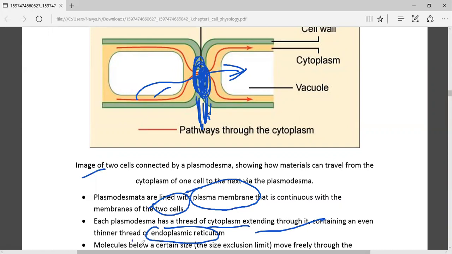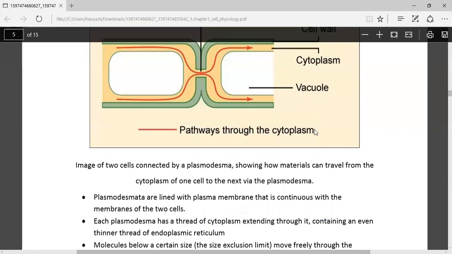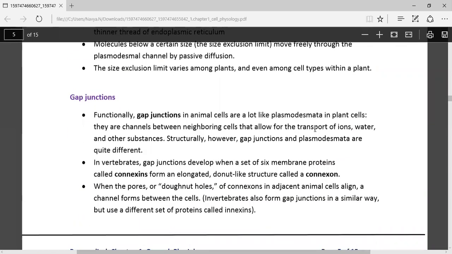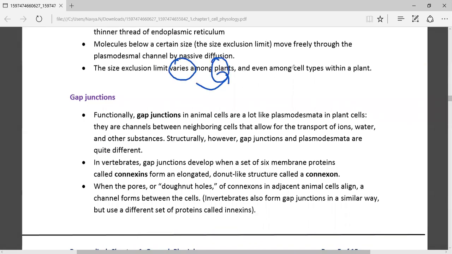Molecules below a certain size are able to move very freely, and the size limitations vary among plants and also among the cell types within the plants.